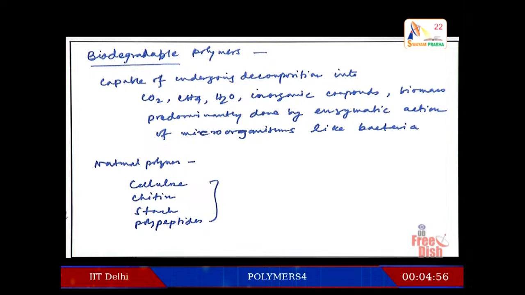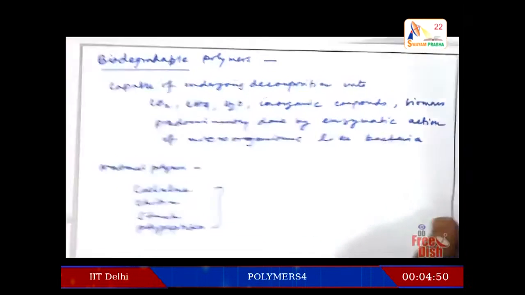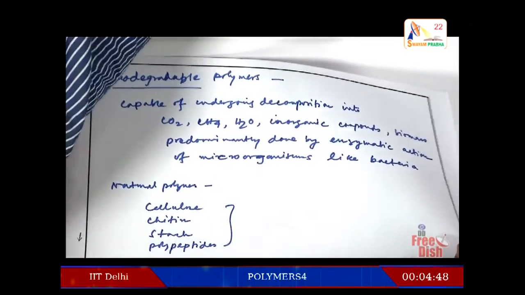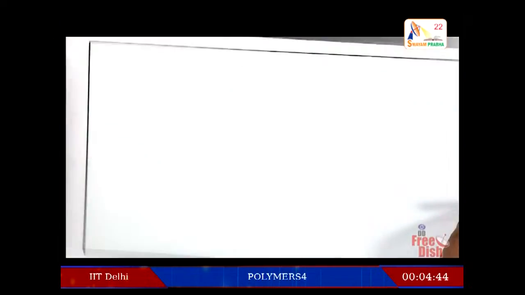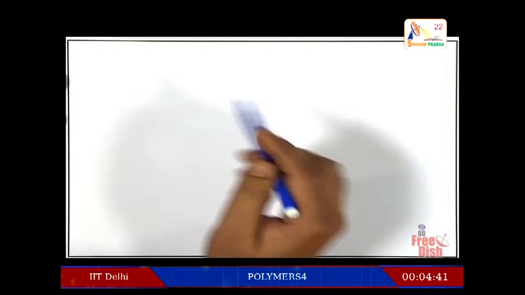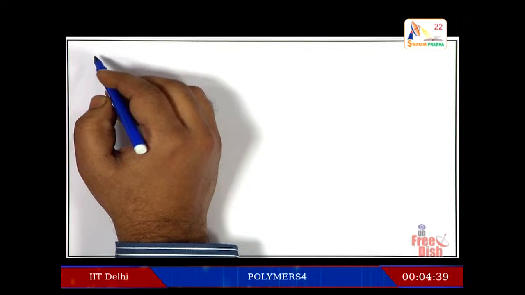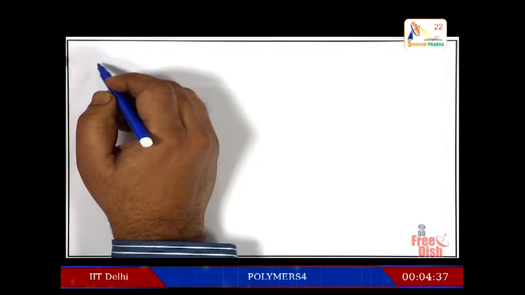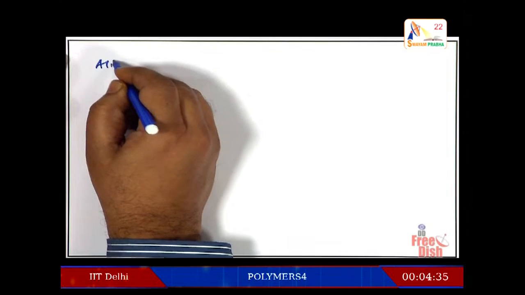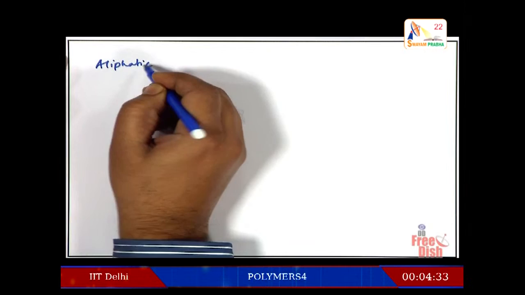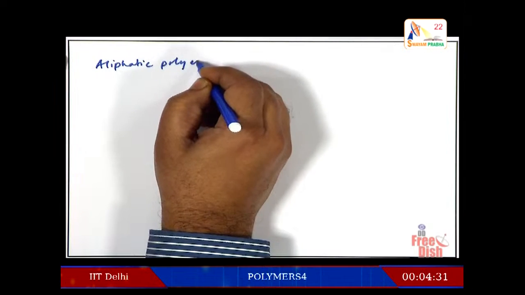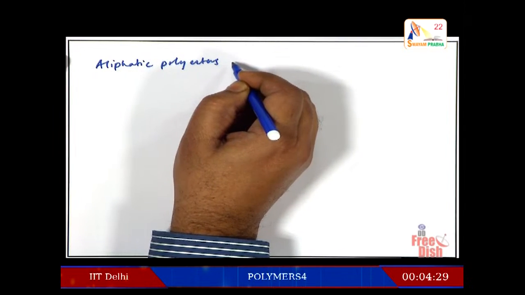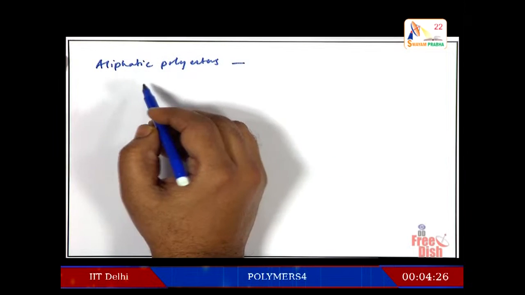So, it is not a problem if you make polymers from these natural polymers; they will be biodegradable on their own. The problem comes when we deal with synthetic polymers, and among synthetic polymers the aliphatic polyesters are generally biodegradable polymers.